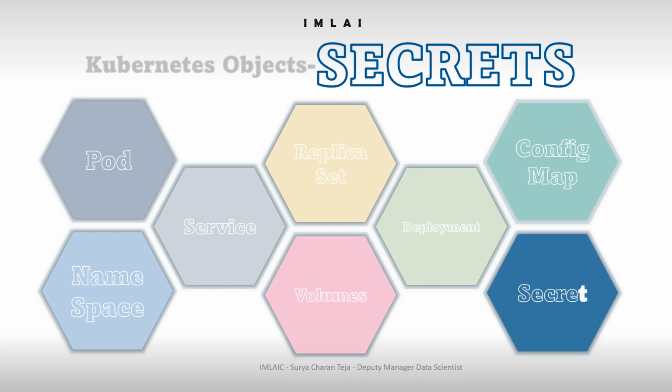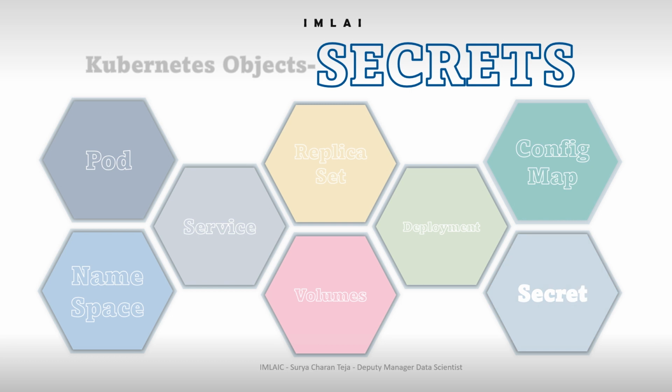So whoever has access to that Git repository can see the passwords in clear text, which is very, very bad. So we can store these variables encoded or encrypted by using a secret. Then we can inject it safely in our pod.